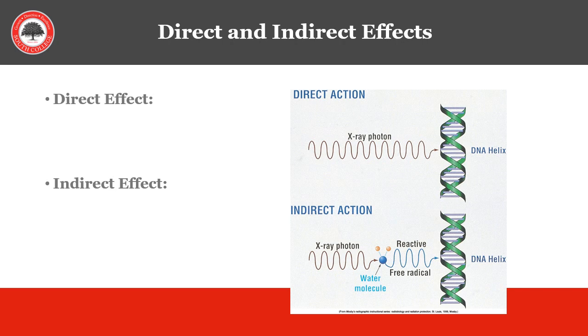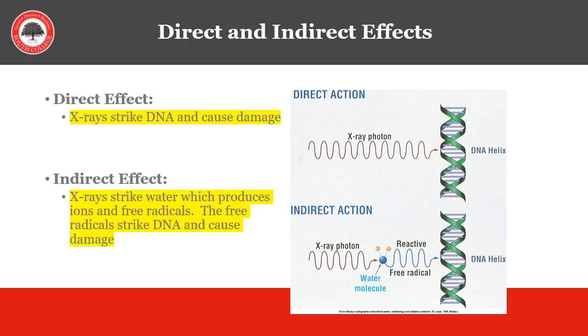Therefore, we're looking at two different ways to get to the same effect. Taking a look at the true definitions: with a direct effect, X-rays strike DNA and cause damage, otherwise called a hit. And with the second one, indirect effect, X-rays strike water, which produces ions and free radicals. The free radicals strike DNA and cause damage.